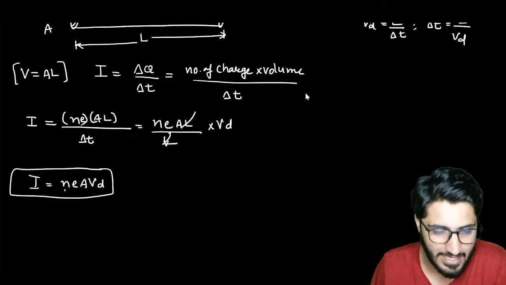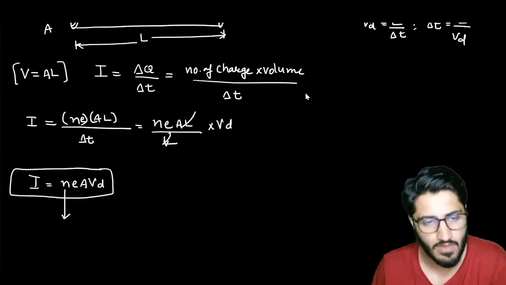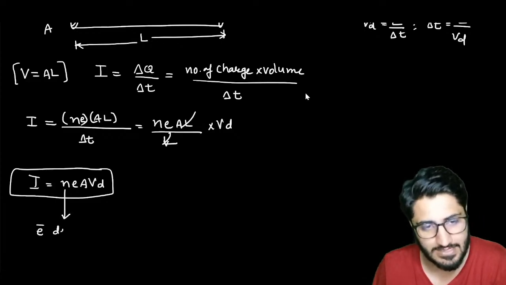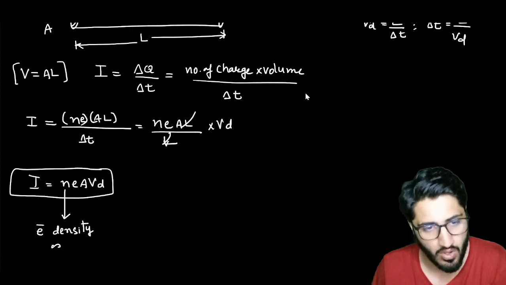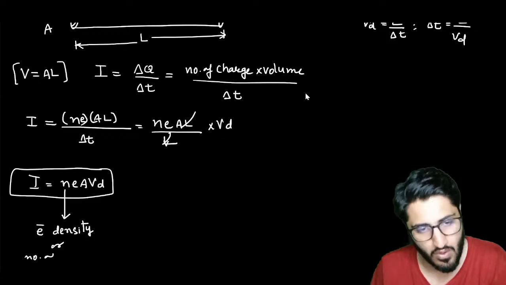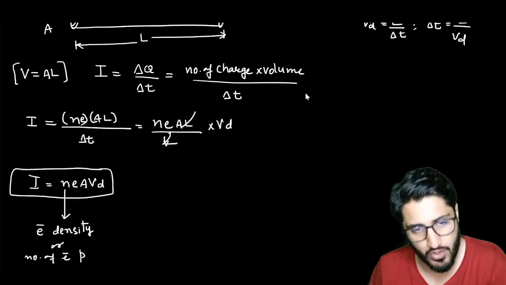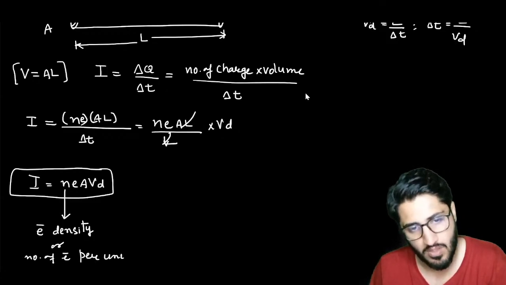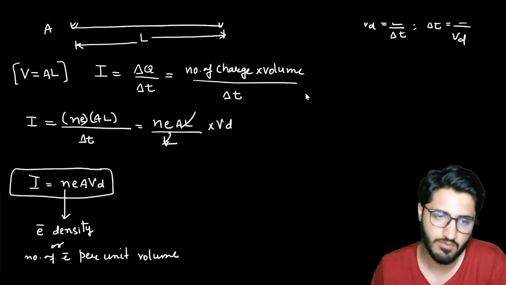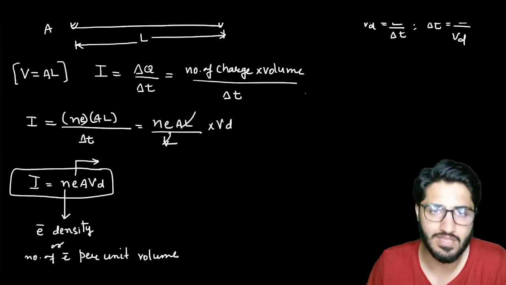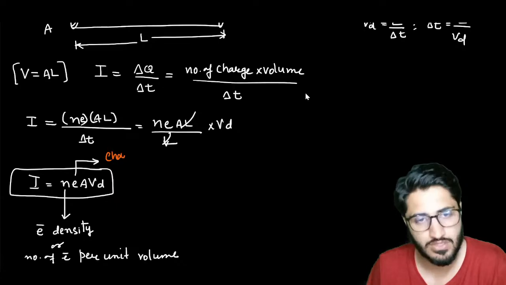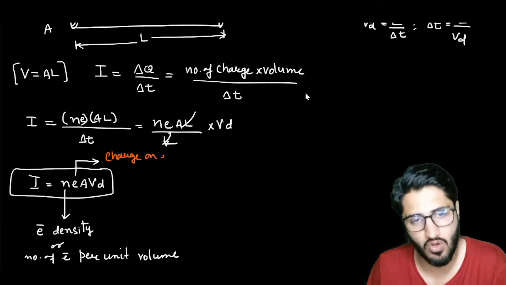So what is N here? You can write electron density, or number of electrons per unit volume. What is E? Charge on electron.